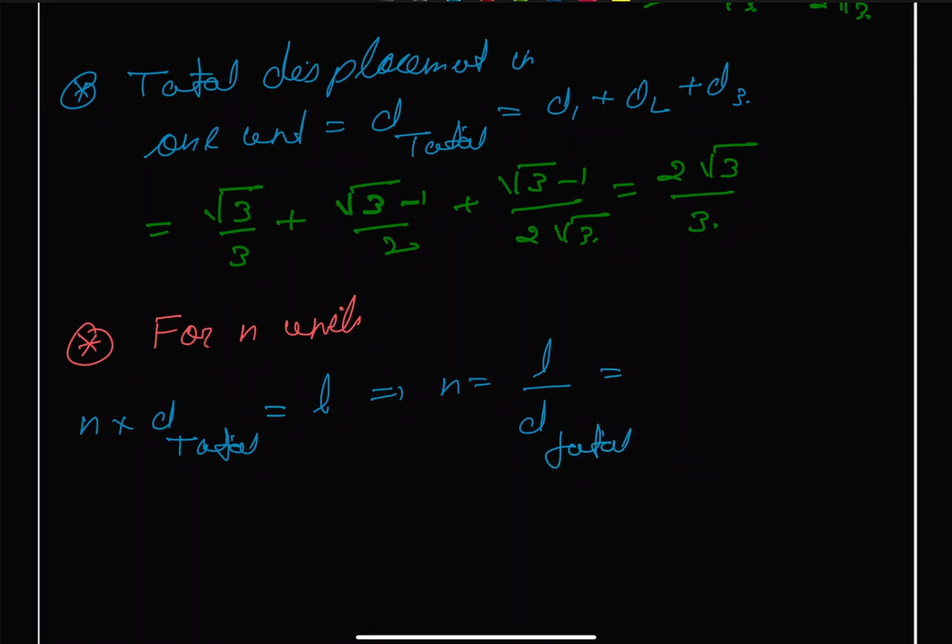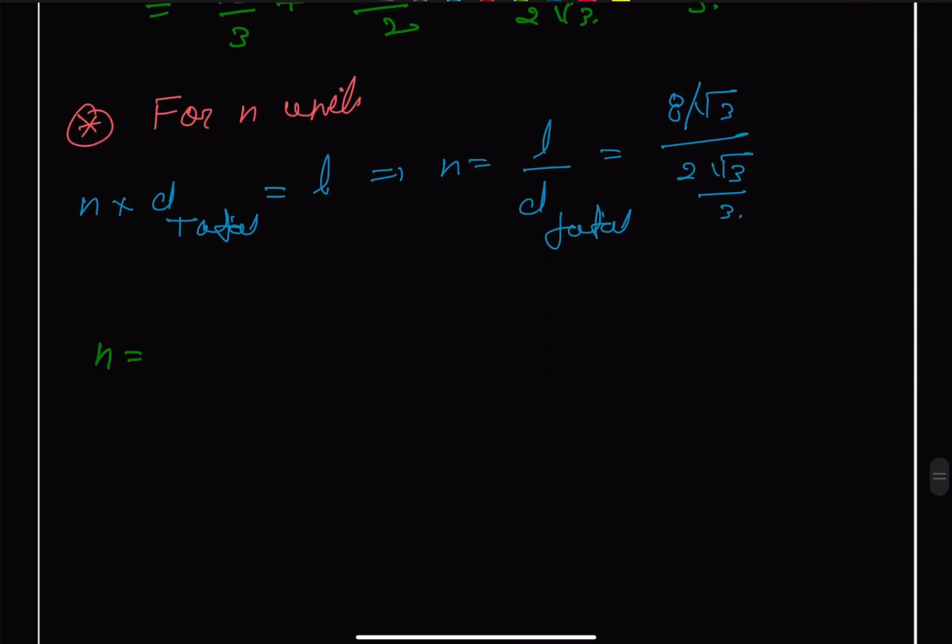and this L is given as 8 root 3. So from here we get our n will be equal to 8 root 3 divided by 2 root 3 divided by 3, that is 8 divided by square root of 3 multiplied by 3 divided by 2 root 3, and this 3 goes away, this goes by 4, so we have n is equal to 4.